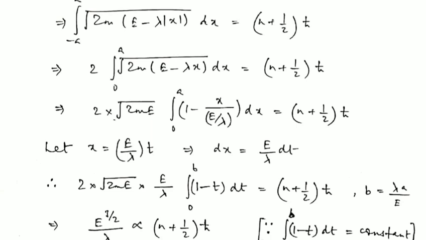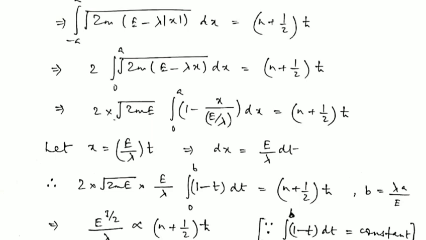So that the integral which will be finally left, which is here in terms of t, as an integral of 1 minus t into dt from 0 to b, will only contribute a constant, and so dimensionally it doesn't matter. So the functional dependence of E with lambda can be written irrespective of what value this integral gives. So we are not bothered about the exact value that this integral will contribute.